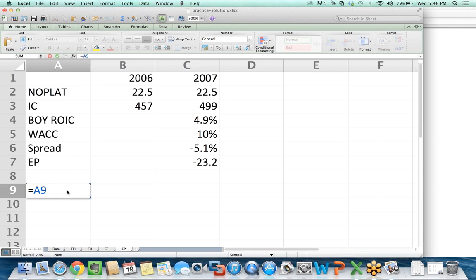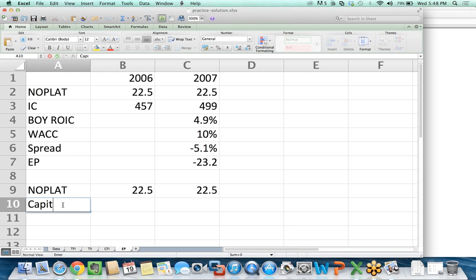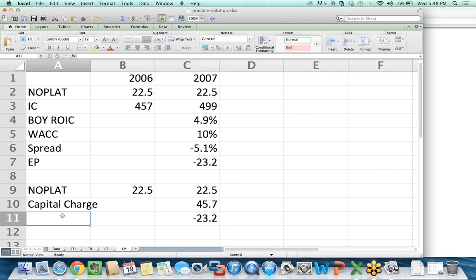Calculating it a different way, my NOPLAT minus my capital charge. There's my NOPLAT. My capital charge is my cost of capital times the invested capital. Take the difference between the two. And that is also my economic profit using method number 2. So spread method, actual dollar method.